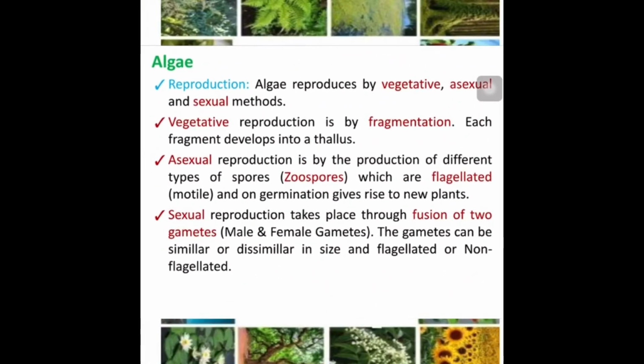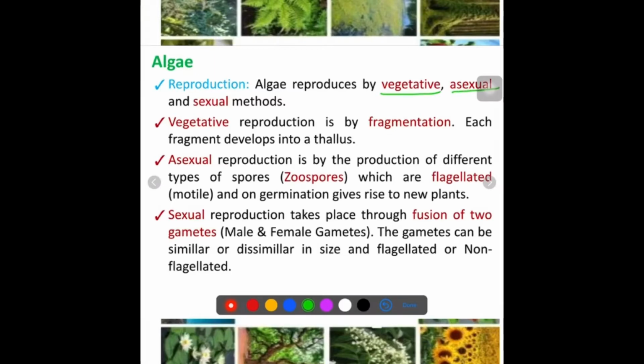Now we are moving ahead to the reproduction in the algae. The algae reproduce by 3 ways. First is vegetative reproduction, second asexual reproduction, and third sexual reproduction. In vegetative reproduction by fragmentation, in asexual reproduction by formation of zoospores, which are mostly flagellated, and the third, sexual reproduction, that occurs by the fusion of 2 gametes.